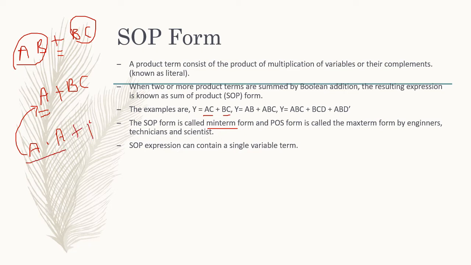We are simply taking the sum of these two product terms. Hence we can say that a single variable term is also eligible in case of the SOP form.